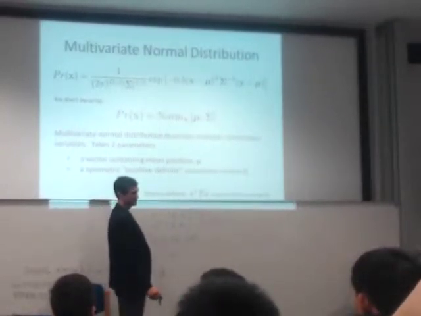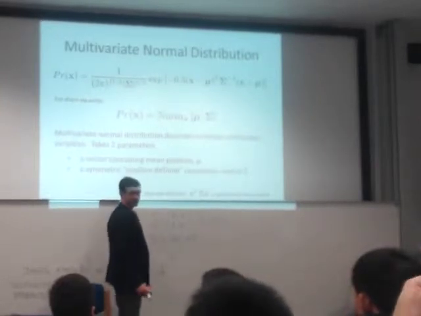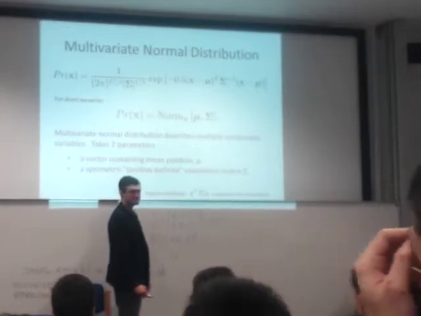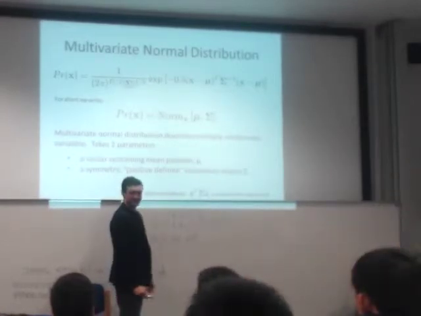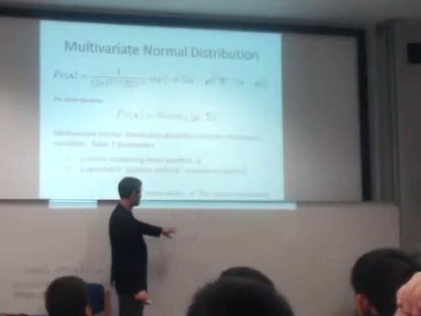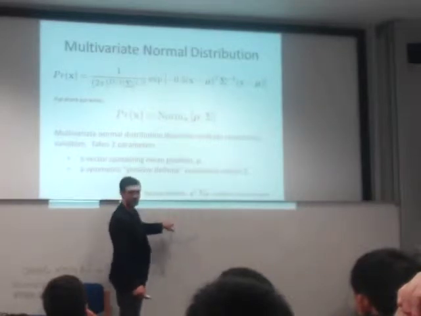And then for the inverse, do we know what the inverse of a 2 by 2 matrix is? Swap the diagonal and negate the other diagonal, with 1 over the determinant multiplied by the matrix.